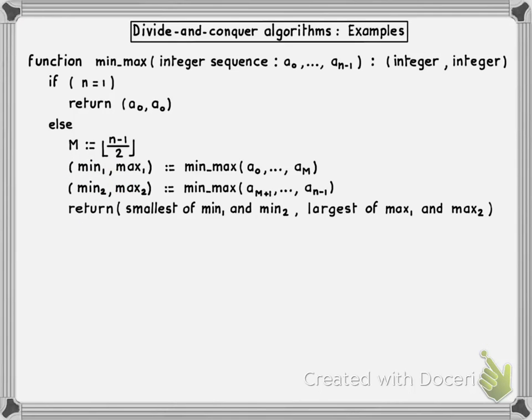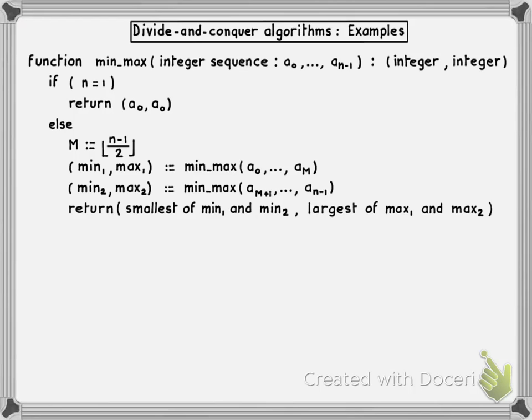And similarly, to find the largest element in the overall sequence, we just take the maximum element between those two. And so notice this is the combine step where we build the pair that will be returned, and it's a very simple computation to do here. Take the smallest of two elements, and here take the largest of two elements.